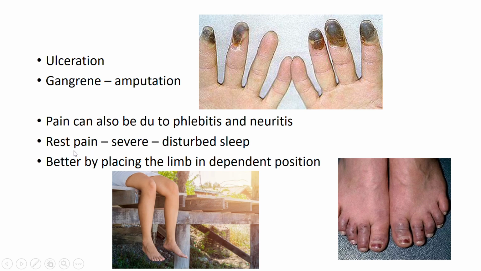That's why it's called rest pain, which slowly becomes more severe, and this disturbs the sleep of the patient. So as you saw in the beginning, it is only a claudication pain. This becomes a rest pain, that is, even during rest, the patient may complain of pain, which further progresses so much that the patient does not have sound sleep.